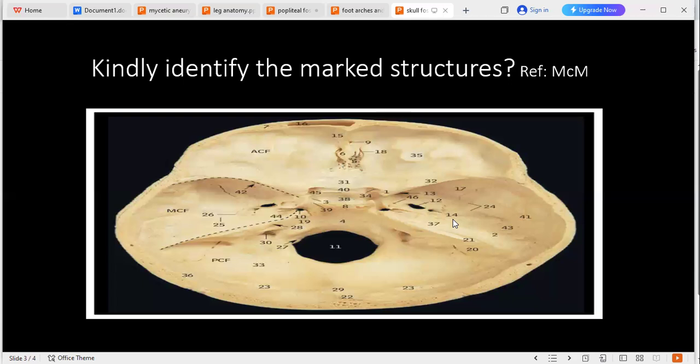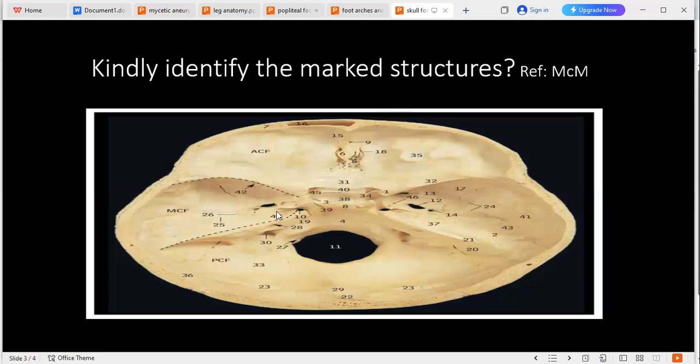Very good. What is the clinical significance of pterion? Behind the pterion the anterior branch of middle meningeal artery runs, and in injury it can cause an extradural hemorrhage.